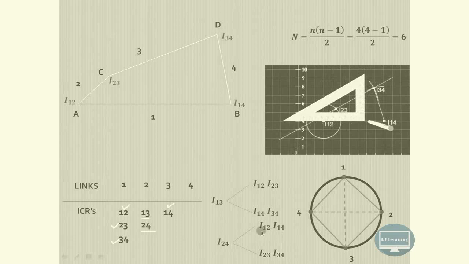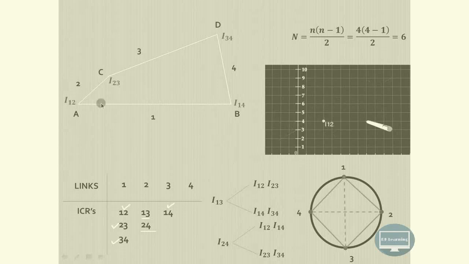It means that we have to join the two ICRs 1,2 and 1,4. They are already joined; we have to extend this line on either side. Similarly we join 2,3 and 3,4. Wherever these lines intersect each other, that will give the ICR I24.